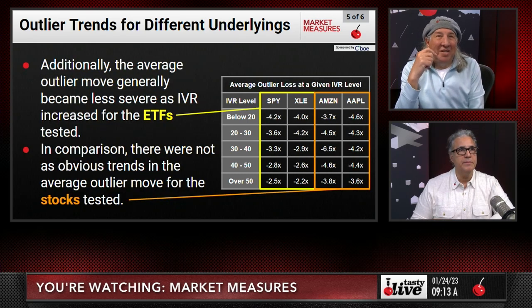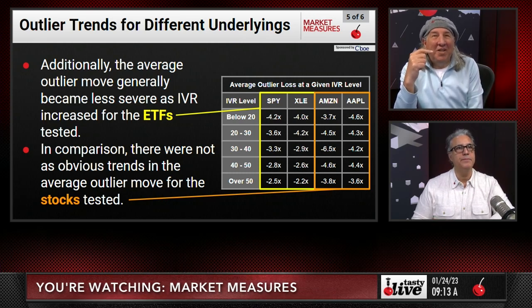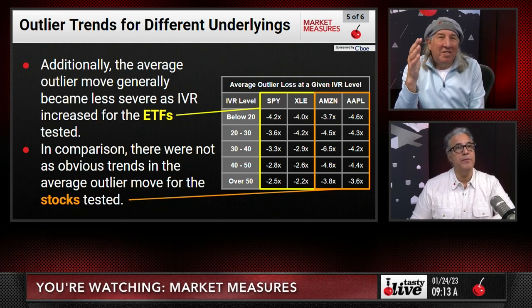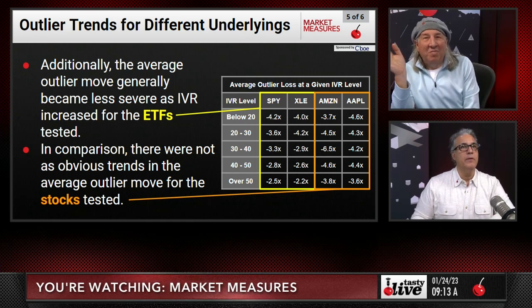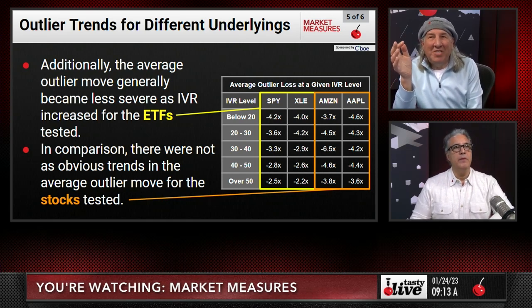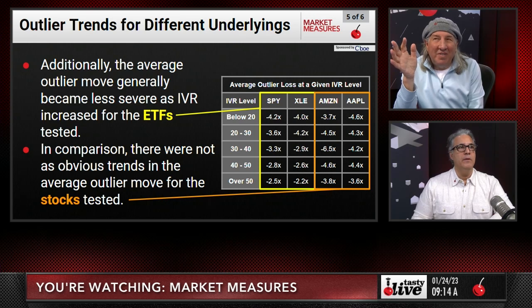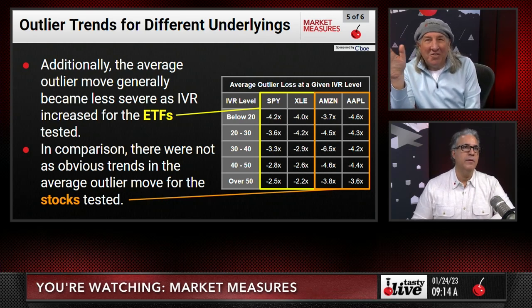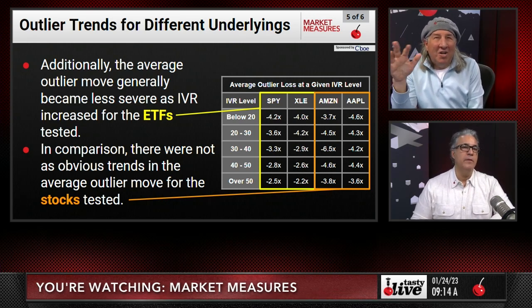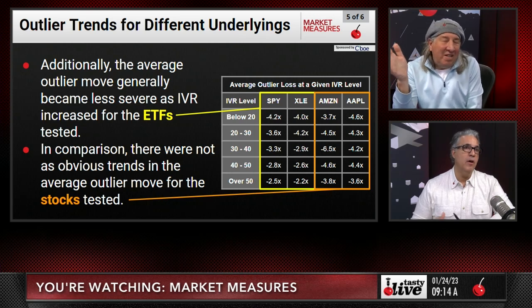Additionally, the average outlier move generally became less severe as IVR increased for the ETFs we tested. In comparison, there were not obvious trends in the outlier moves for the stocks that we tested. So we looked at ETFs versus individual stocks. The average outlier move was less, almost 2 to 1.